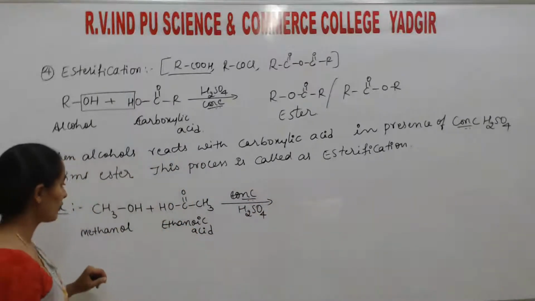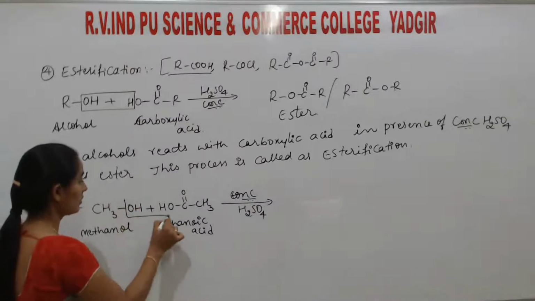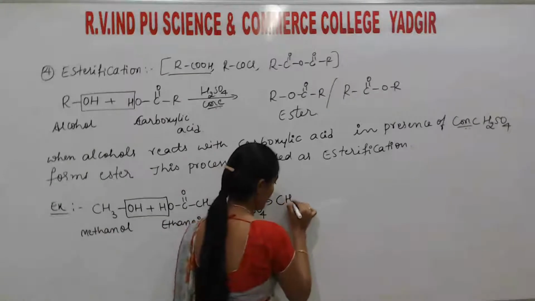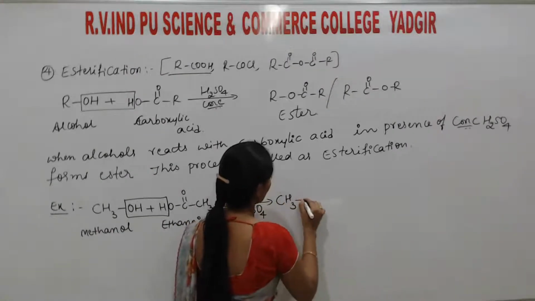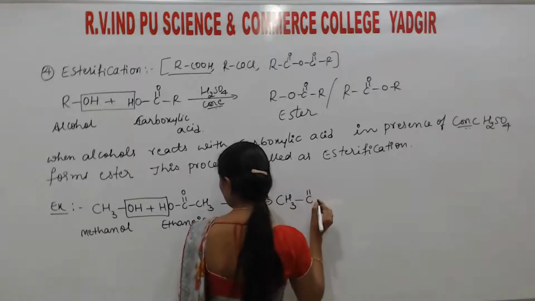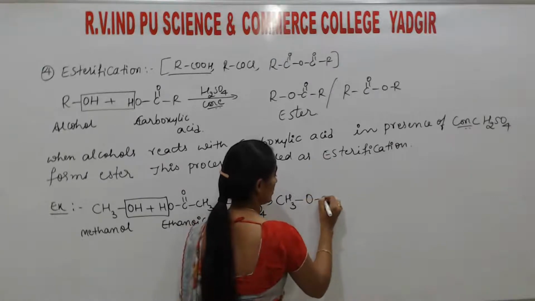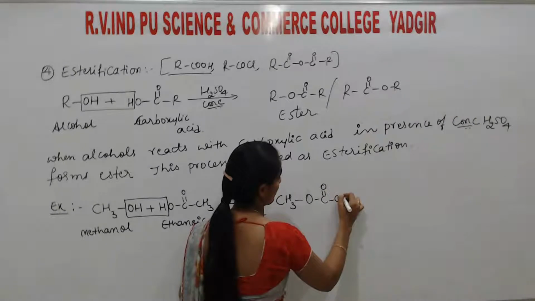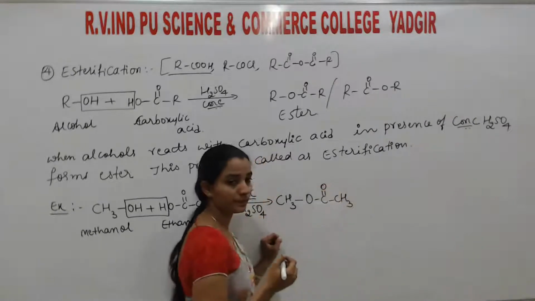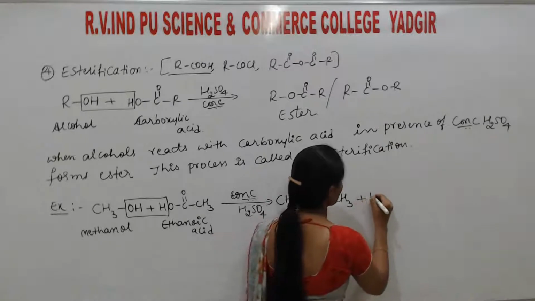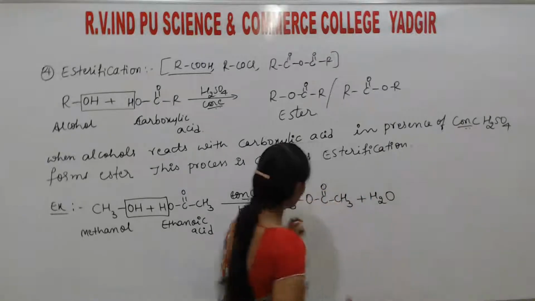The product formed is CH3 C double bond O, O CH3, plus H2O.